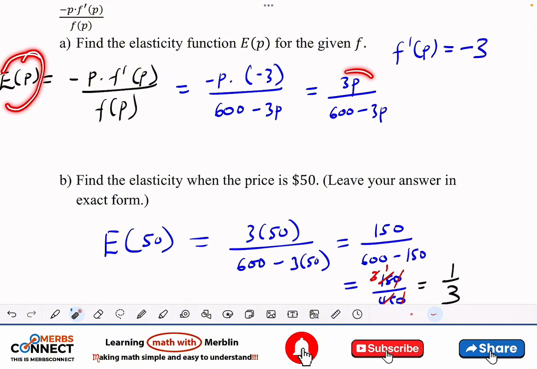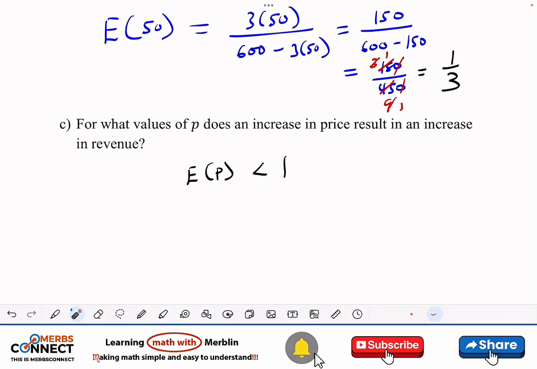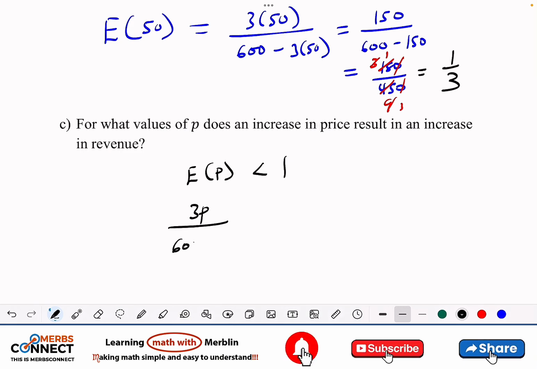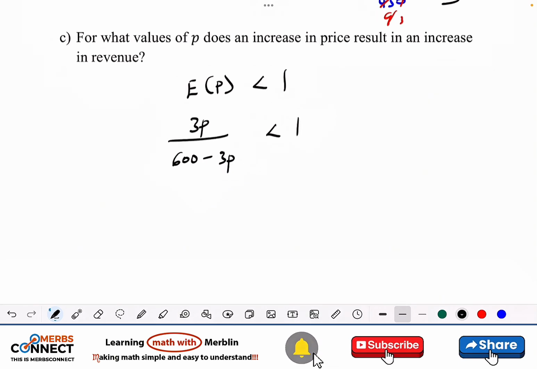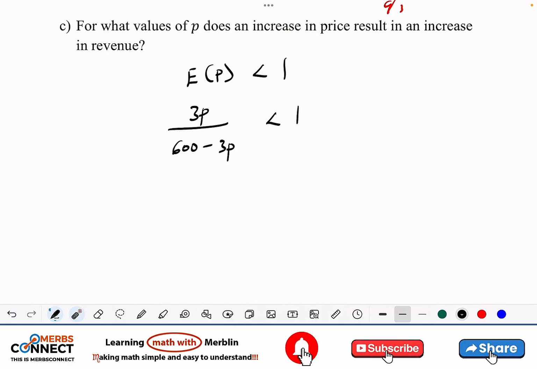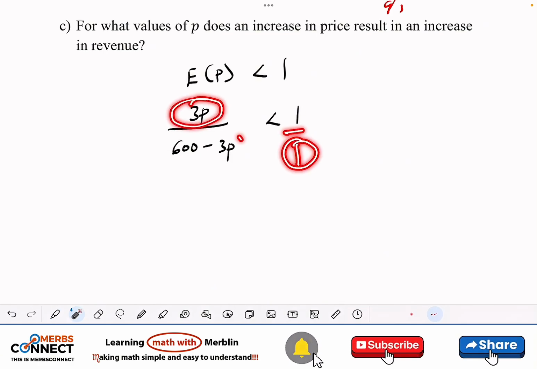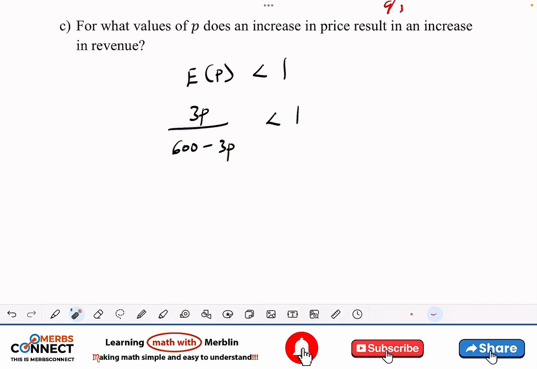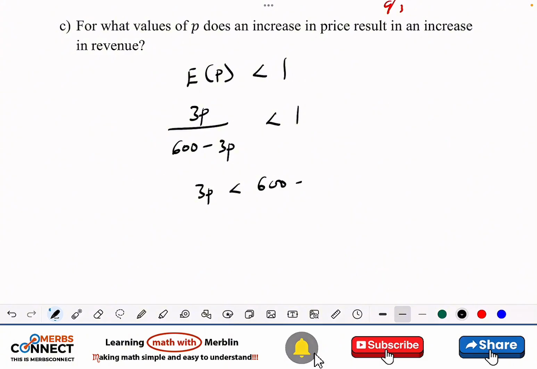This was equal to this. So let's replace it by that. So it is equal to 3P over 600 minus 3P less than 1. Now let's solve for P. This is over 1, so this will multiply this and this will multiply that. So I'm going to have 3P less than 600 minus 3P.